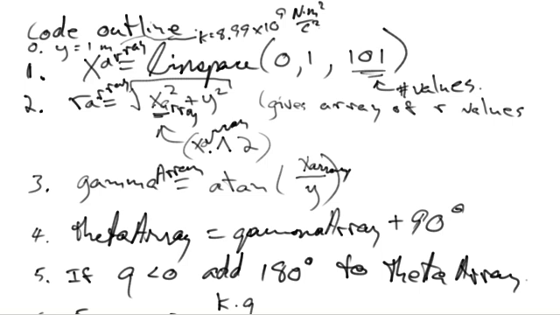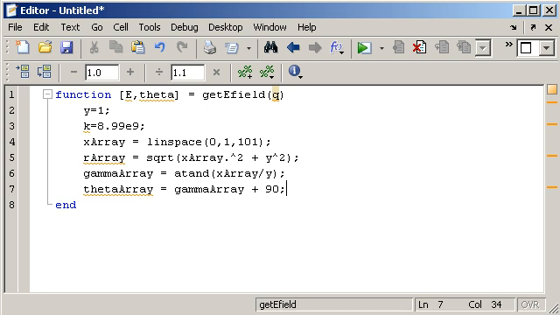Let's check, see if I remember that right. Theta array is the gamma array. Okay, and then if the charge is negative, we add an extra 180 degrees to every element of the theta array.